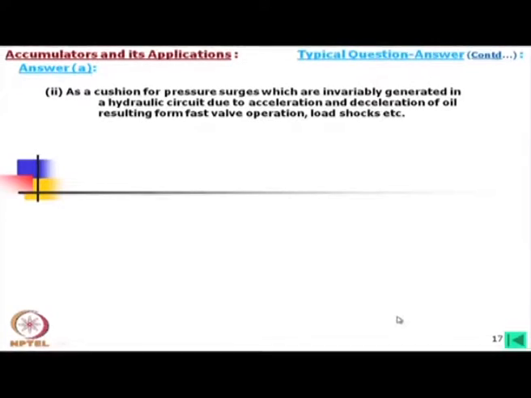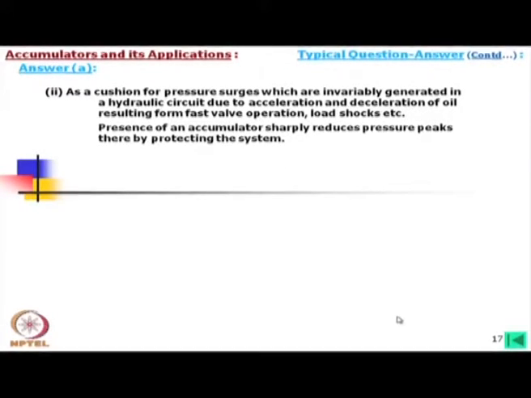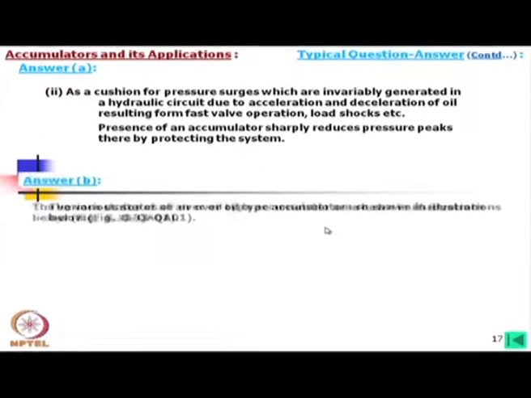Presence of an accumulator sharply reduces pressure peaks, thereby protecting the system. So, this is how briefly you can answer the application of the accumulator. Next comes part B, where we have the air over oil accumulator, and we have to express how they function.